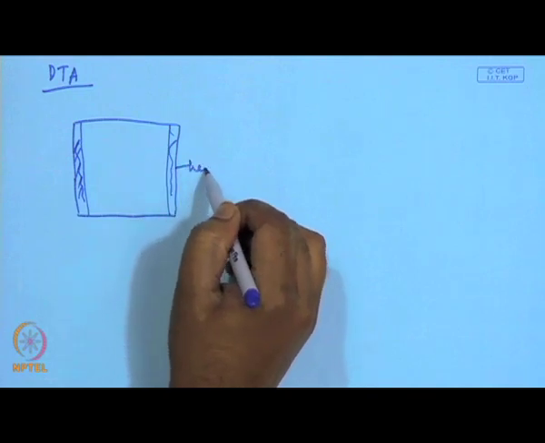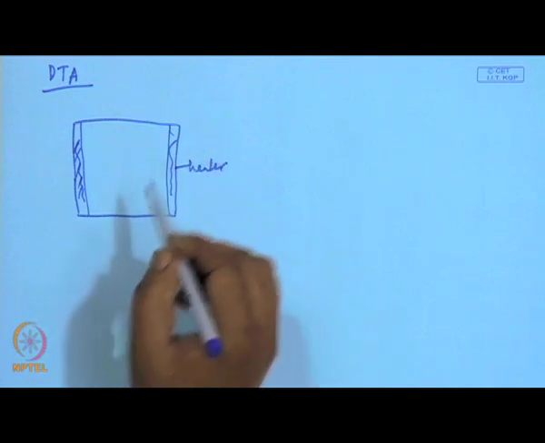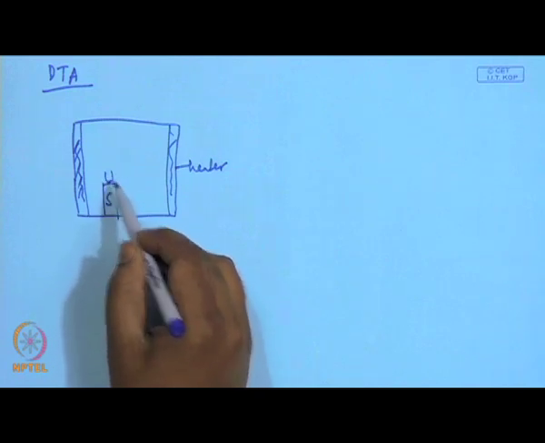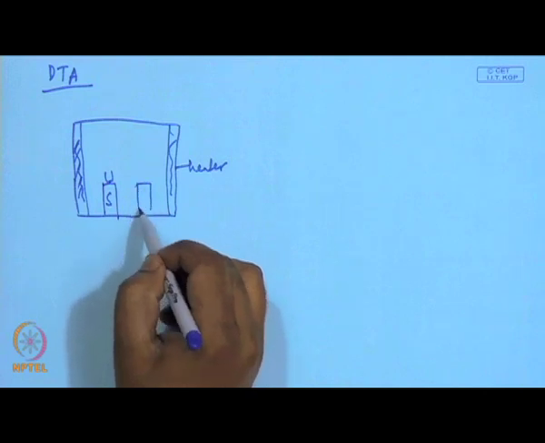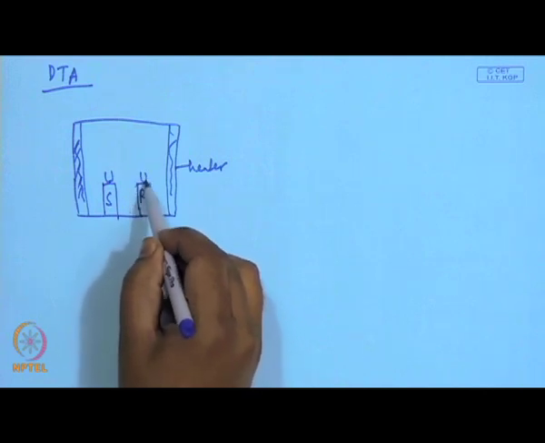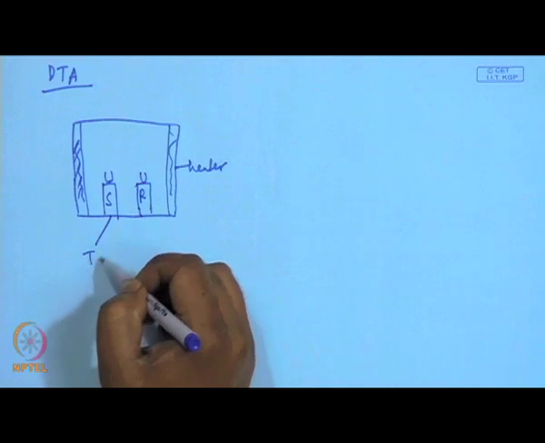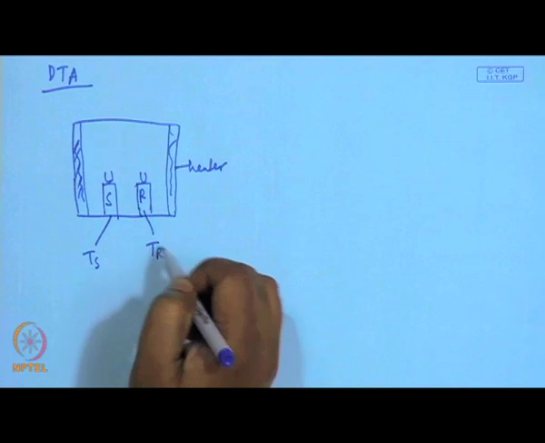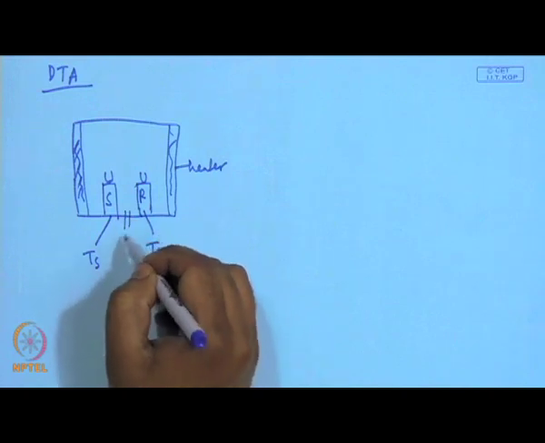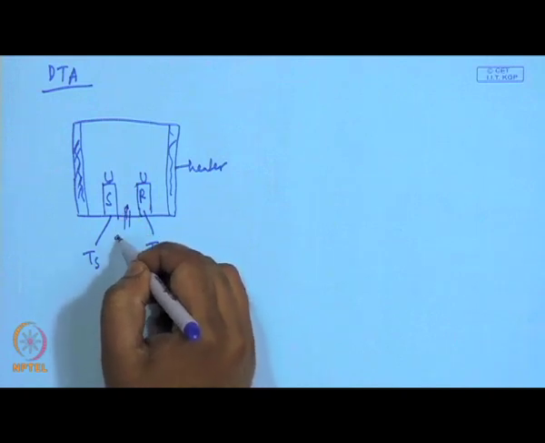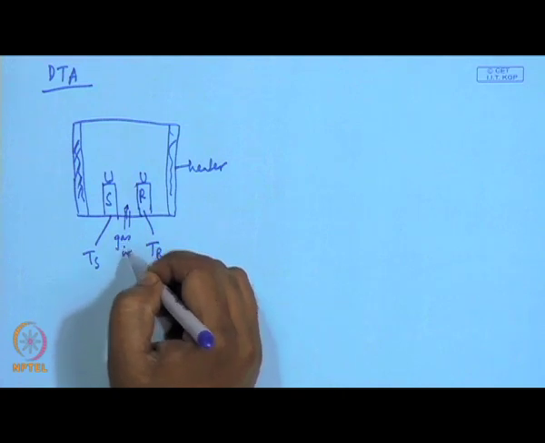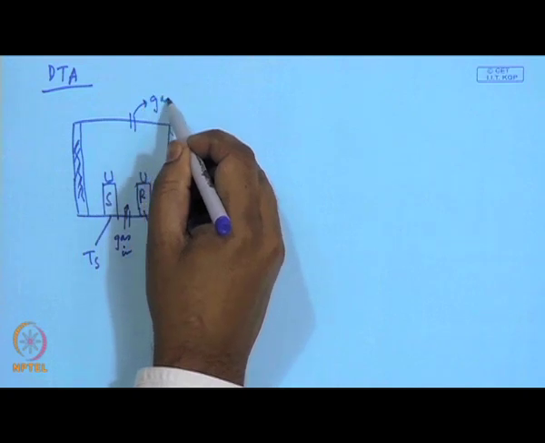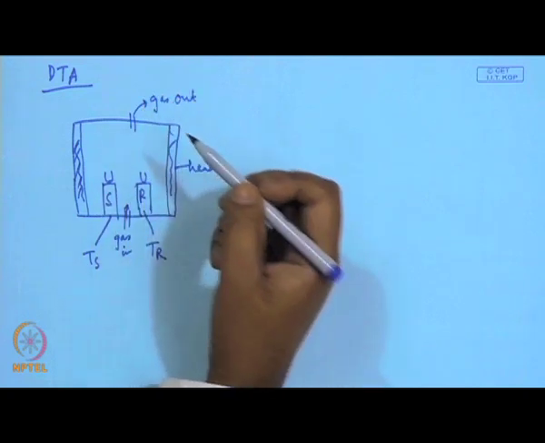This is a heater and you have a sample, and again you have a reference. You have a thermocouple for the sample, a thermocouple for the reference. There is a place to put the gas inside, and there is a gas outlet also.